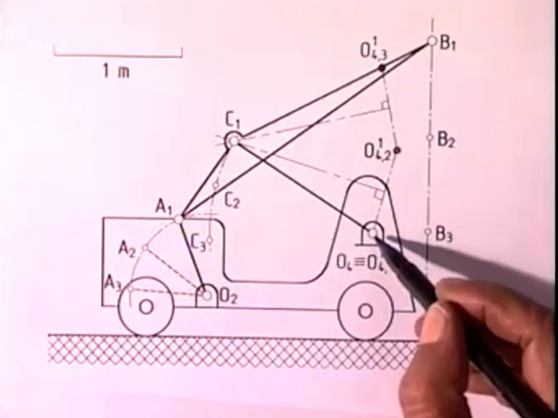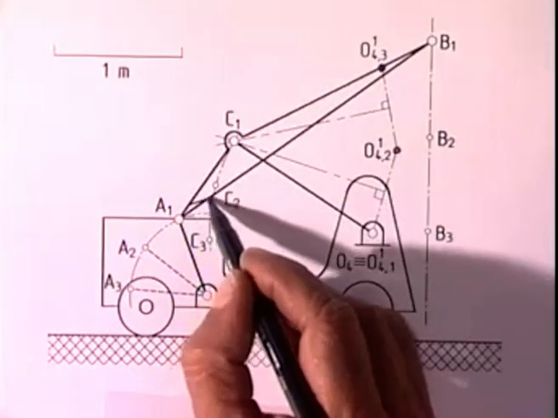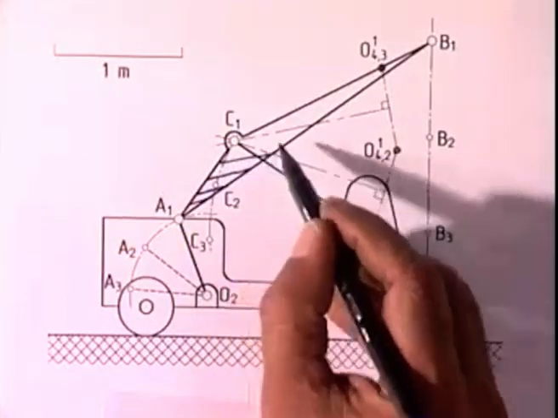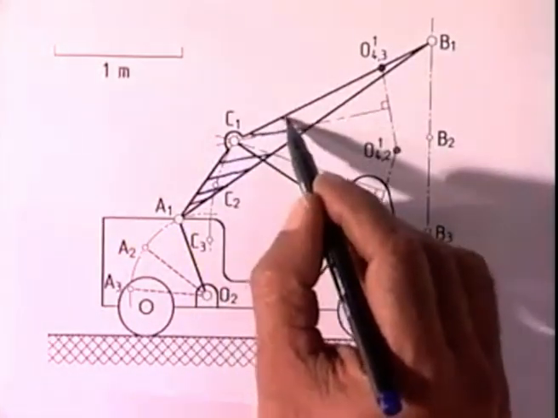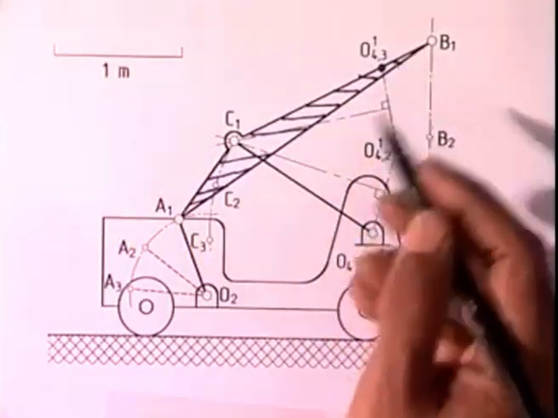So here the location of O4 is convenient, but as we see, the coupler has become not a very lean member, but a heavier member, triangular in shape.